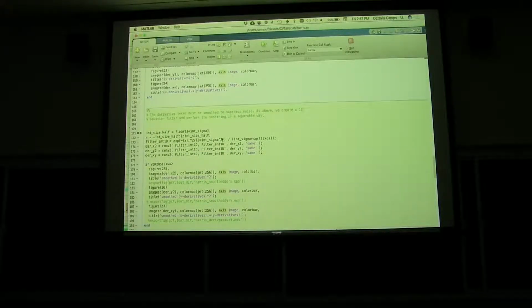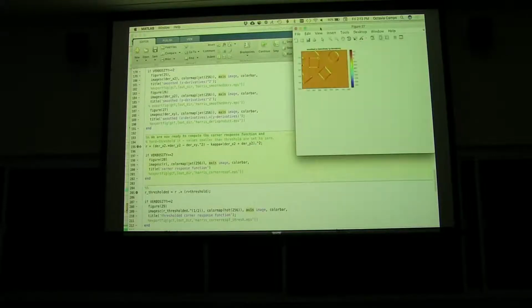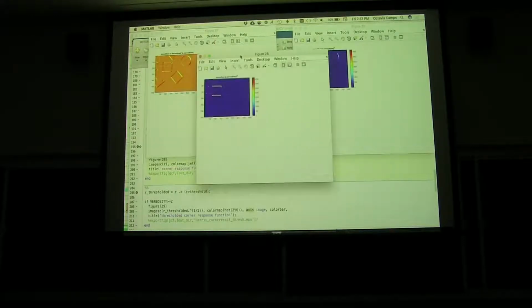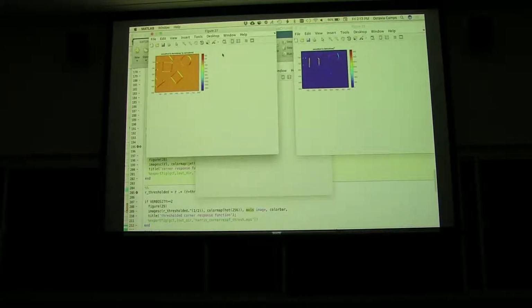After that we're going to smooth them out. And this is how they look. So I have Ix squared, Iy squared, and IxIy after being smoothed out.